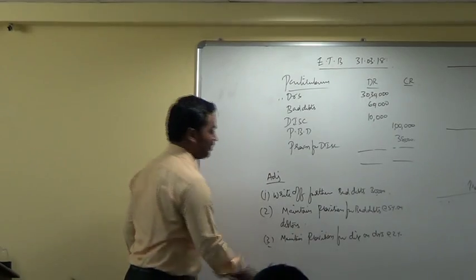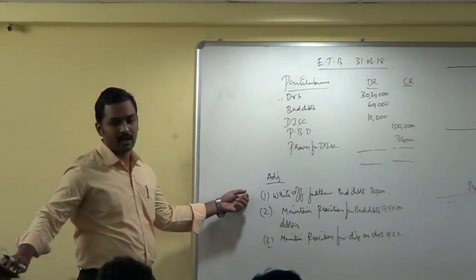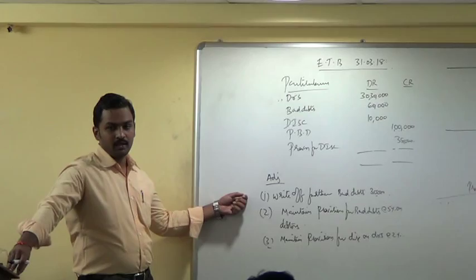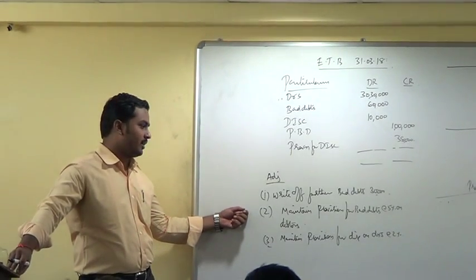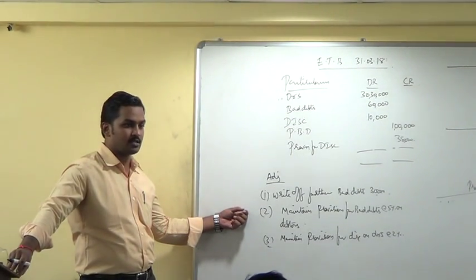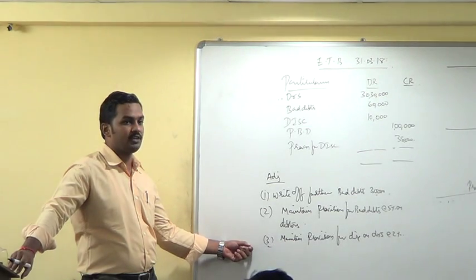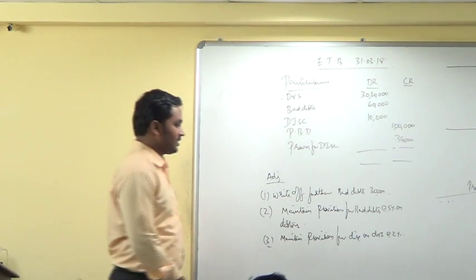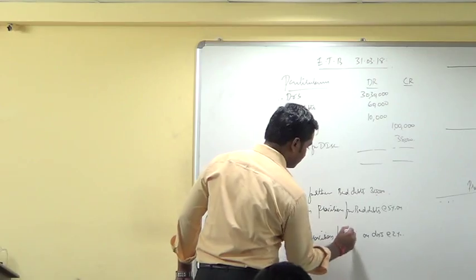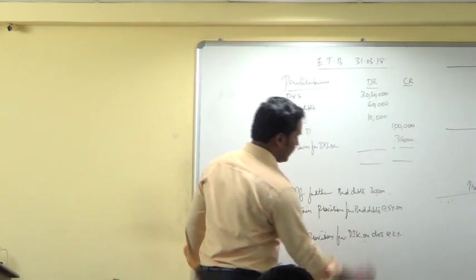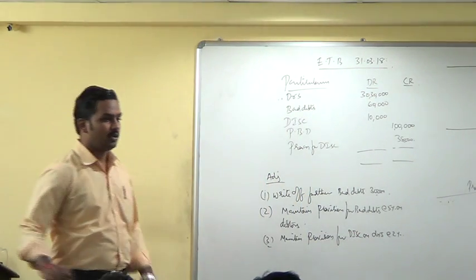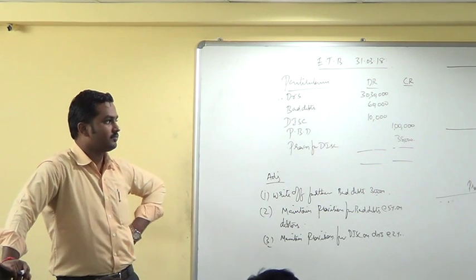Read the adjustments. Write off further bad debts 30,000. Maintain provision for bad debts at the rate of 5% on debtors. Maintain provision for discount on debtors at the rate of 2%.